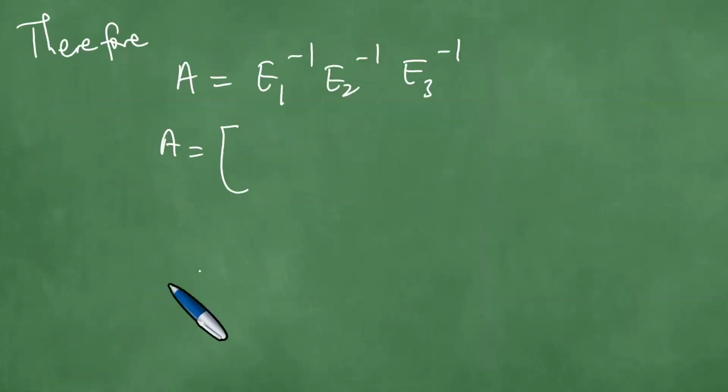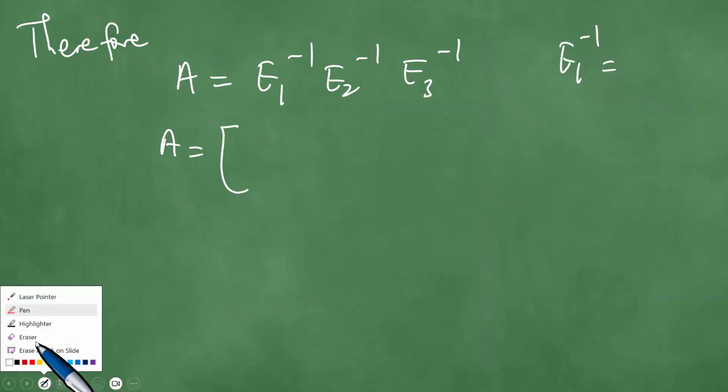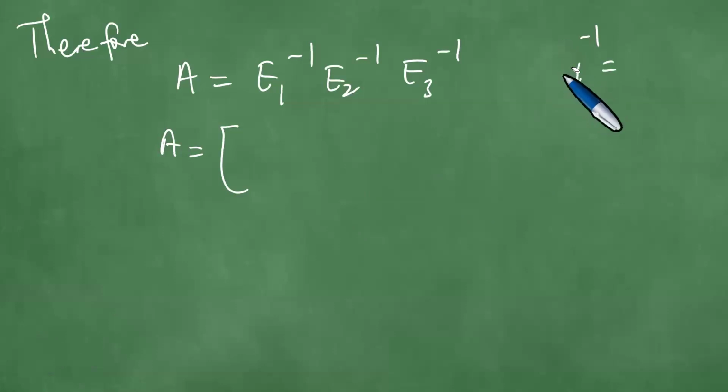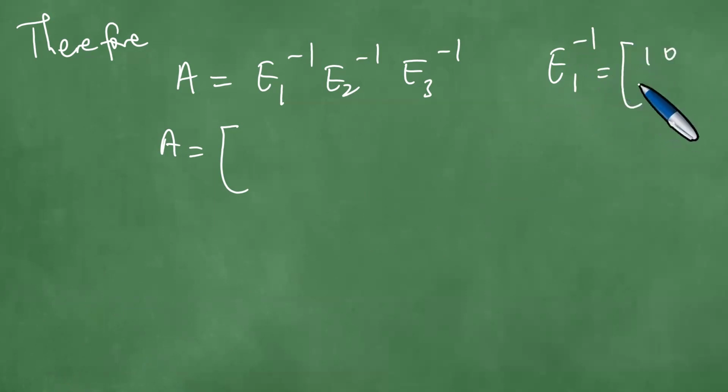So in other words, we write here E1 inverse. E1 inverse can be seen as exactly that one. Let's just write it down. So E1 inverse is 1, 0, minus 3, 1.